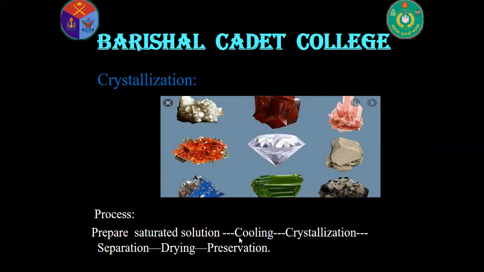Then it is cooled and forms a supersaturated solution and a definite solid structure. Then comes the normal process: separation, drying, and preservation. Dear cadets, you can apply this process at your house by using sodium chloride salt.